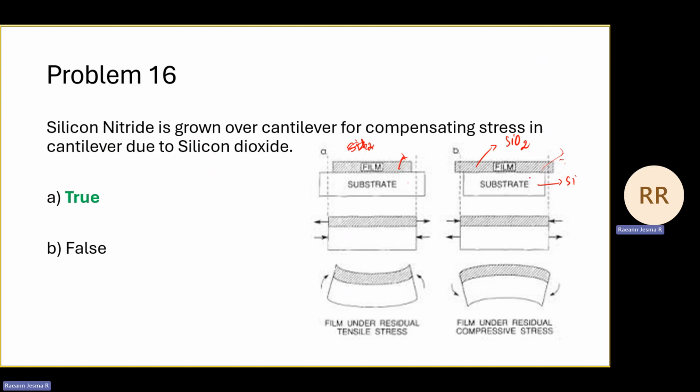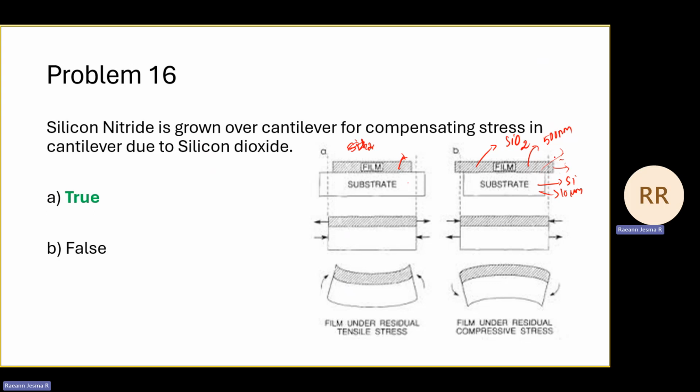Due to the unequal coefficient of thermal expansion, even when the film is very thin, it will have to follow the substrate in how it is expanding or contracting. If your SiO2 is 500 nanometers and you have 10 micron silicon, then silicon is much thicker than your SiO2.